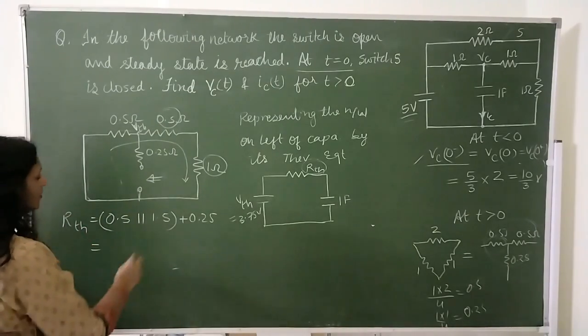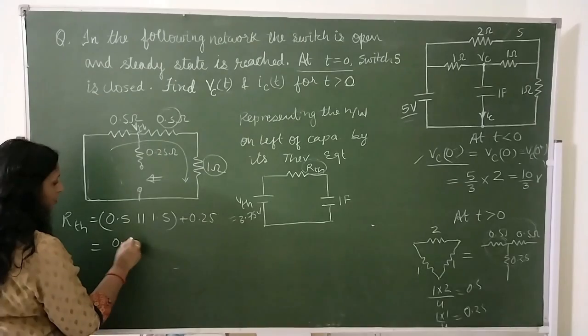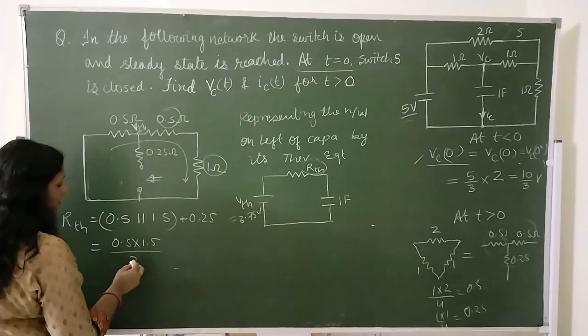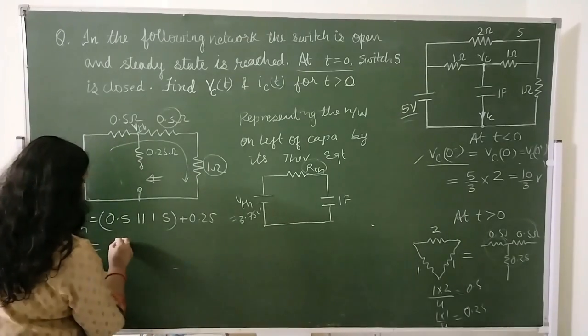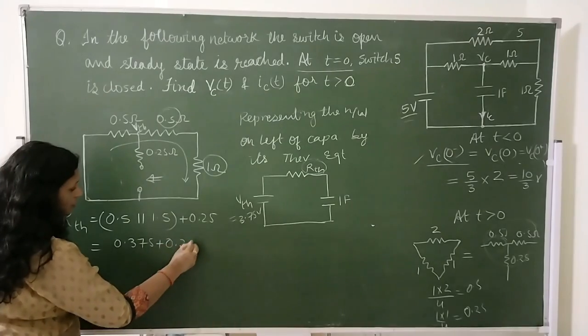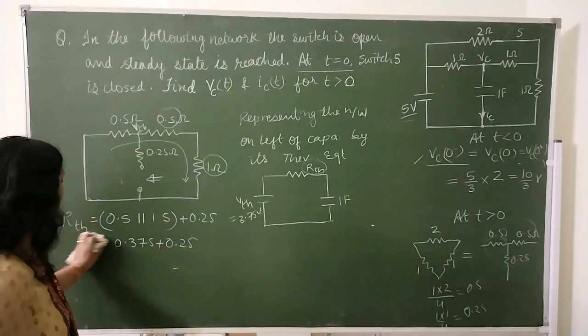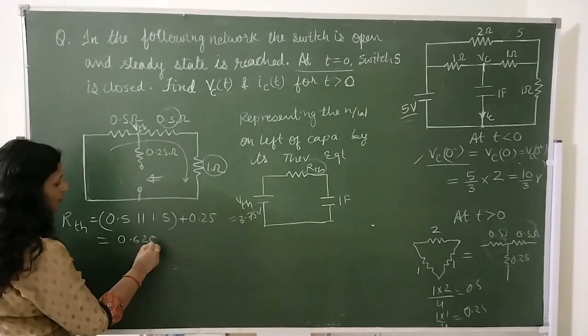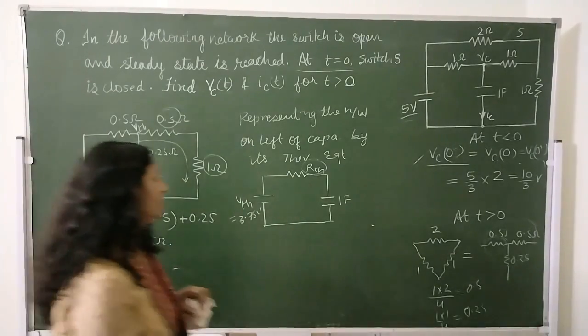After solving, 0.5 into 1.5 divided by 2 gives us 0.375, plus 0.25 gives us 0.625. So 0.625 ohm is our RTH.